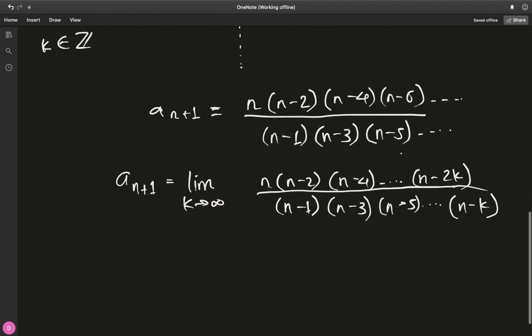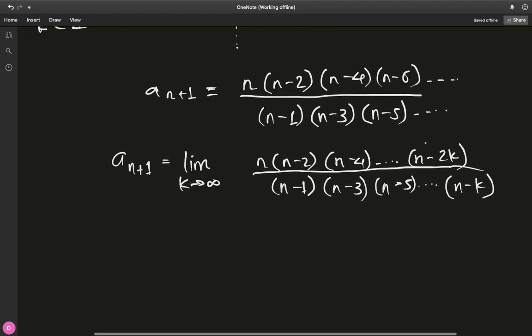And this perfectly fits with our pattern: even n minus some even integer in the numerator, n minus some odd integer in the denominator.